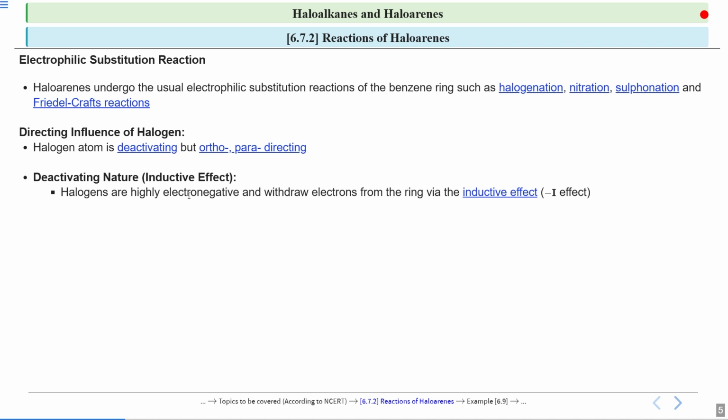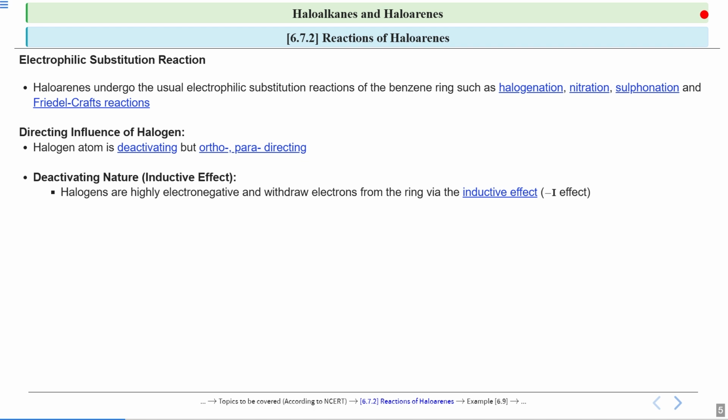Halogens are highly electronegative atoms. They have a very high tendency to attract electrons towards themselves and withdraw electrons from the ring via the inductive effect, specifically the minus I effect.